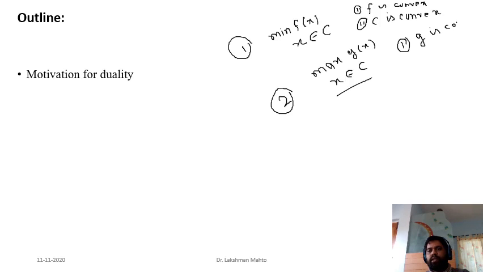Why am I calling all these? Because when we discuss Lagrange duality, the dual problem's objective function will always be a concave function.